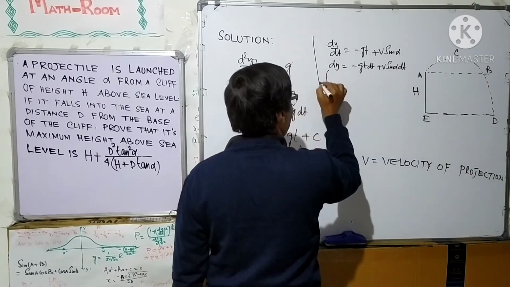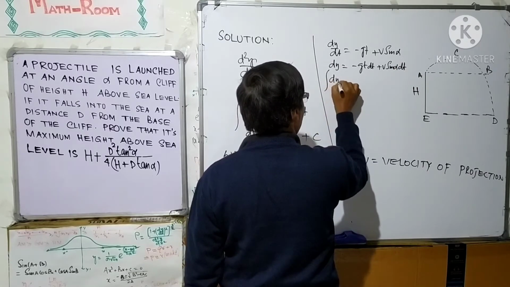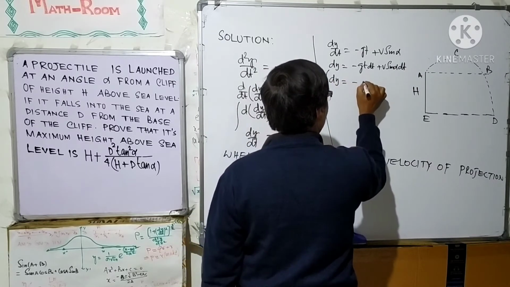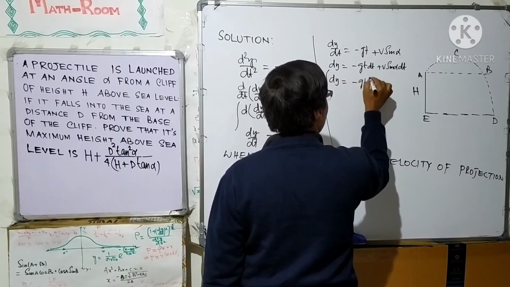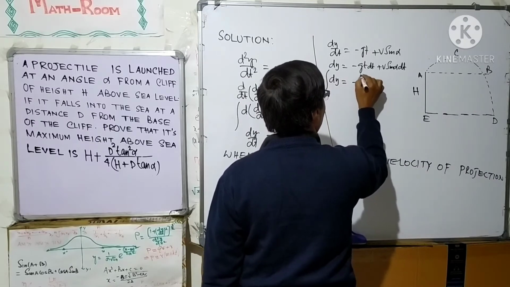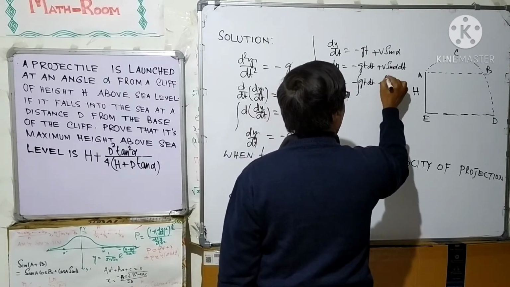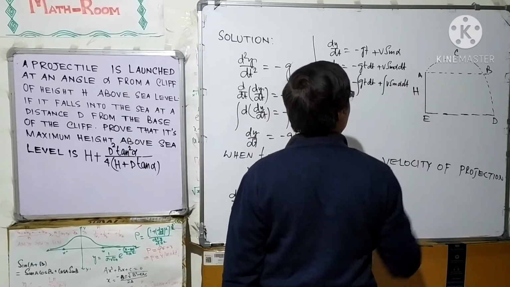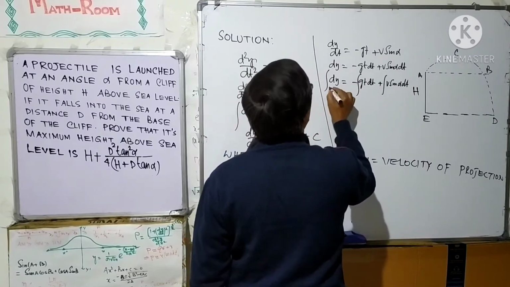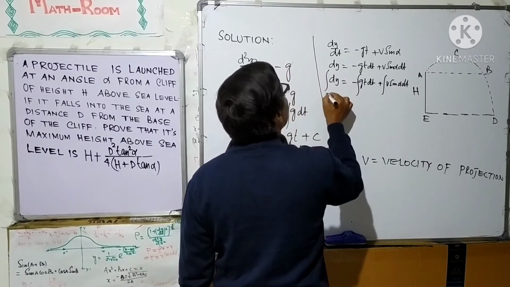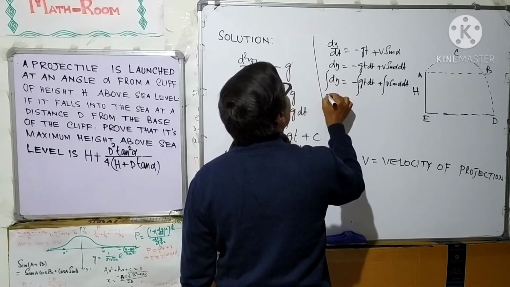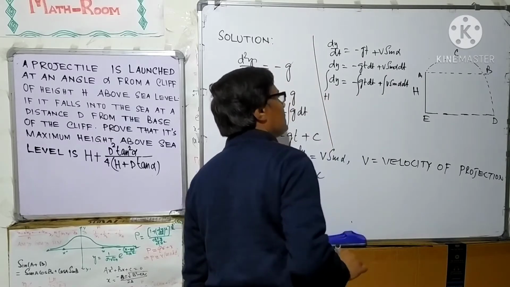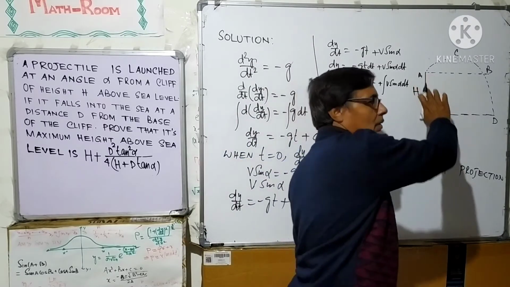If we integrate both sides, we get the integral of minus gt dt plus the integral of v sin alpha dt, and also the initial displacement is h, that is the vertical displacement, the height of the cliff.